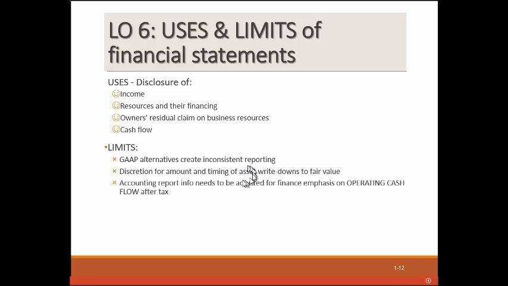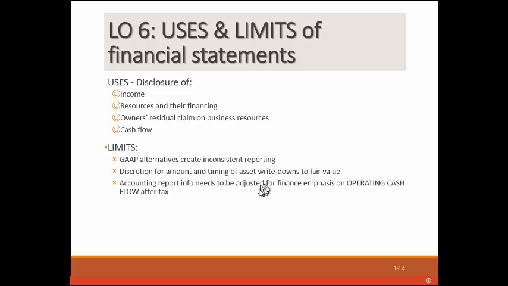If certain assets have become impaired, the business is permitted and actually required to write down or reduce the book value of these assets to the fair value. The timing of when they do that and the exact amount of the write-off is subject to a lot of discretion, so financial analysts carefully scrutinize those write-downs.